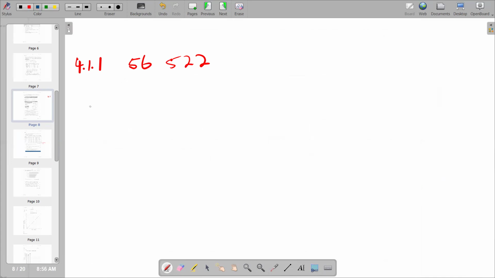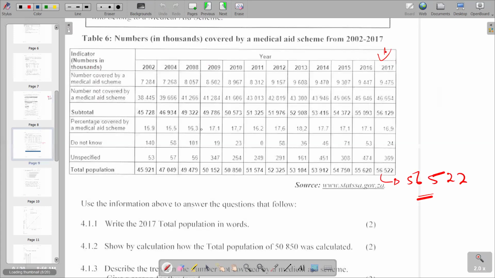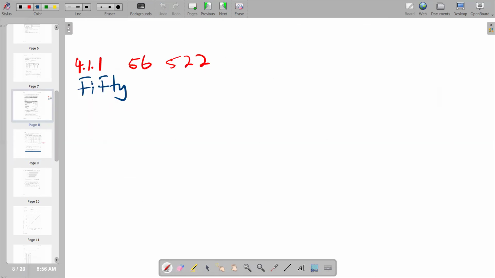So we are going to say 56. According to the figures given, let's just try to refer back. The numbers are in thousands. So we take note, numbers are in thousands. So it means we are going to add 3 zeros. In other words, we are going to say the number that we have there, and then we add 3 zeros.